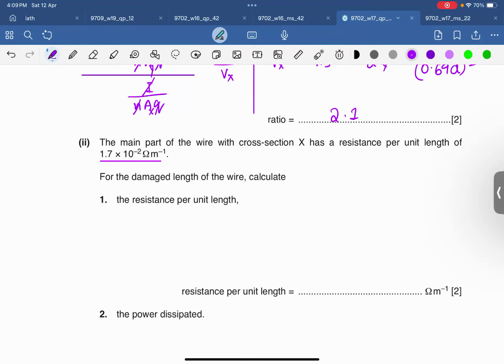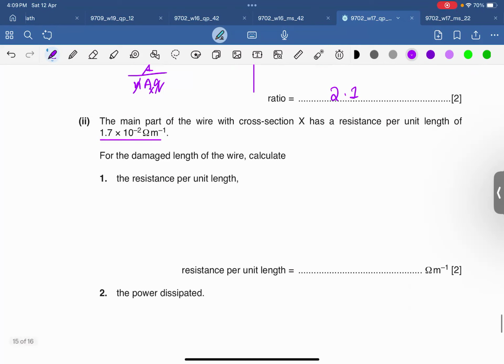Yes, Ryan. Any idea? Resistivity, okay. You're saying resistance is equal to rho L over A. And they're asking for resistance per unit length, which means R over L is basically required, and that is what you have to find out.